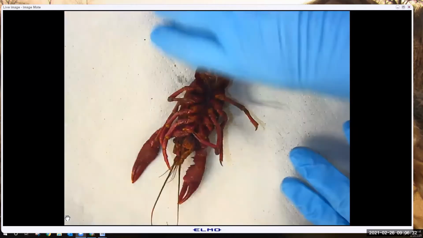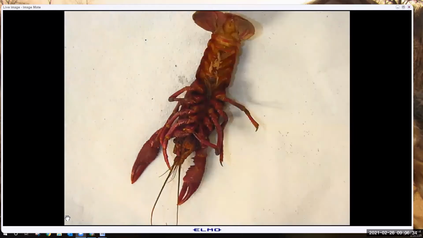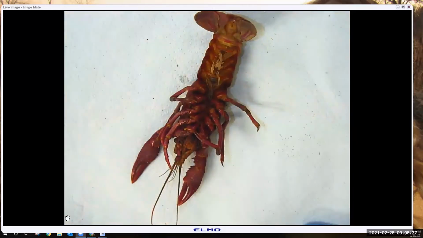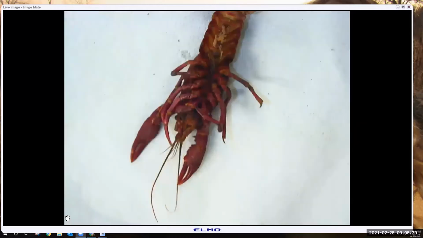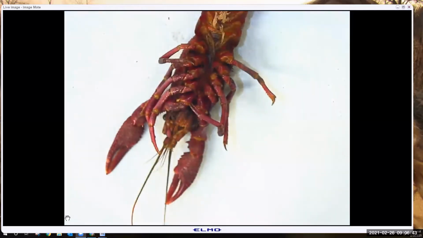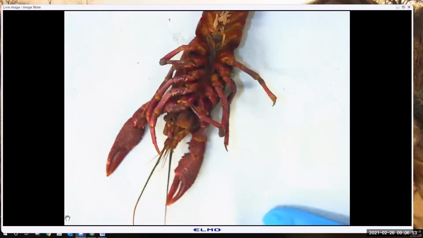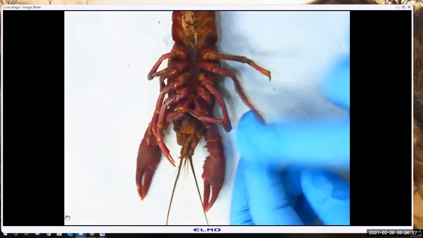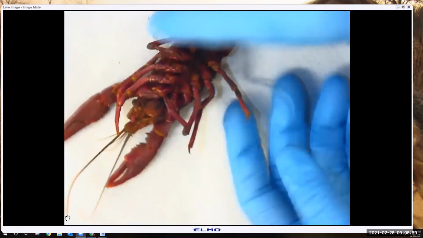But now we're looking at number of limbs. I'm going to give you a close-up, and let's see if you can guess in the chat how many limbs this crayfish has. 10? Yeah, 10. So let's count them.